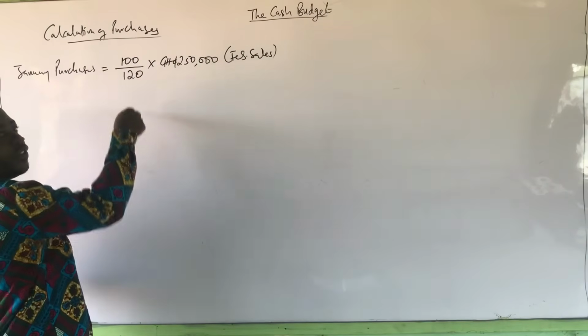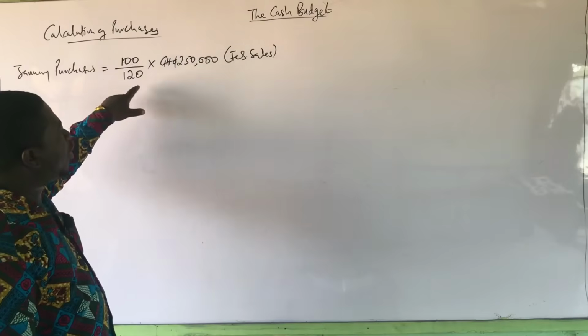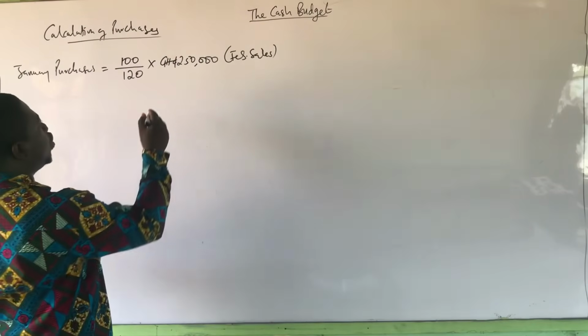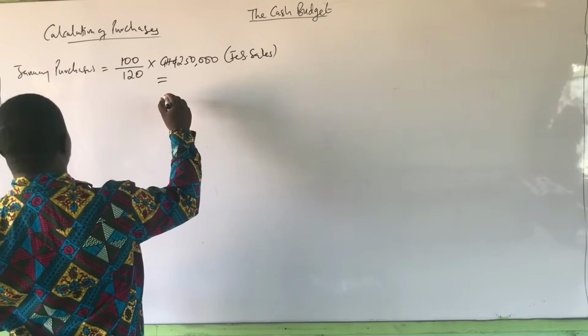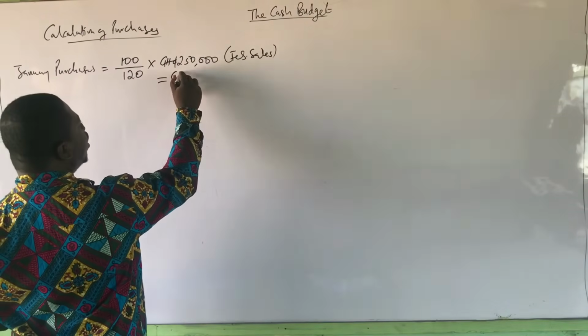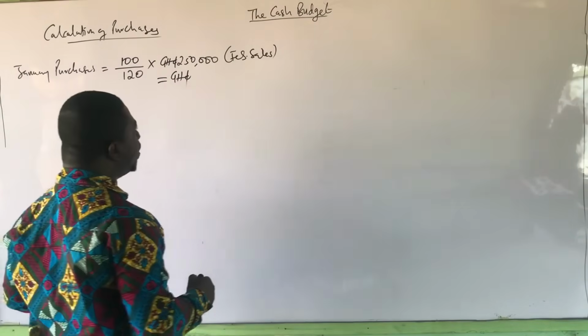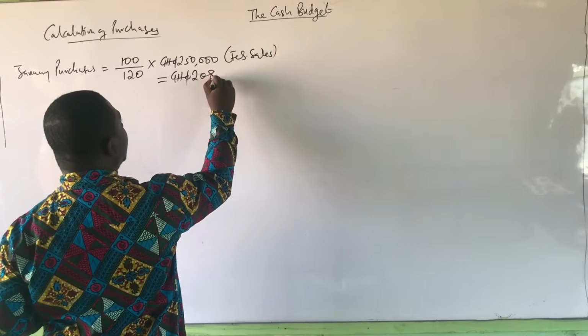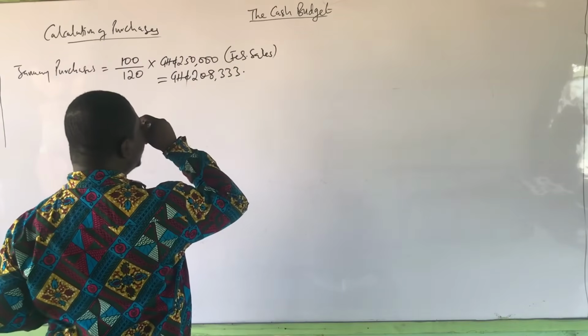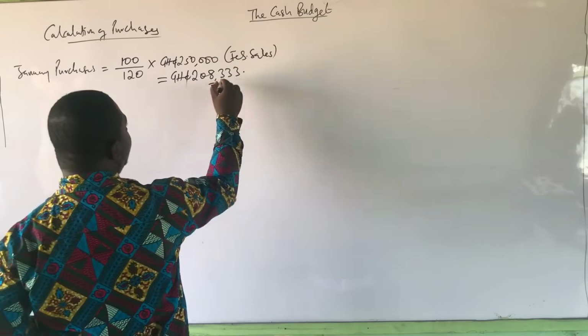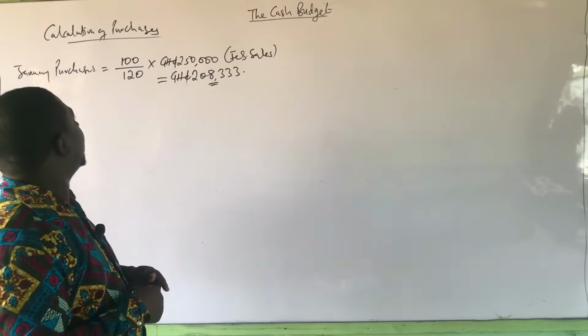So if less, more divide. So we are going to find 100 over 120 times this, and that is going to give us the purchases figure for January. And therefore, the January purchase figure is going to be 208,333. That is the meaning. So this is going to be the January purchase.